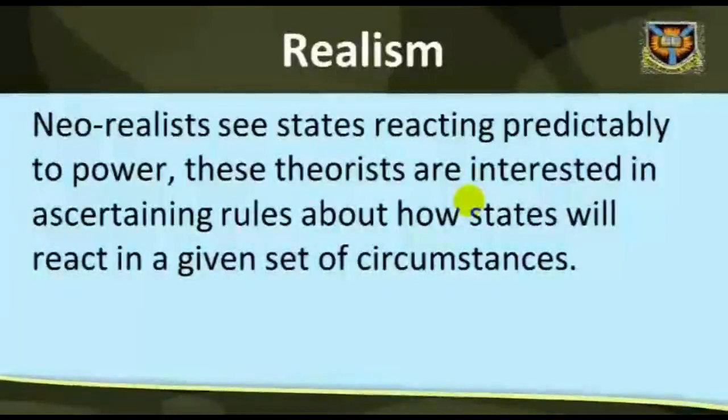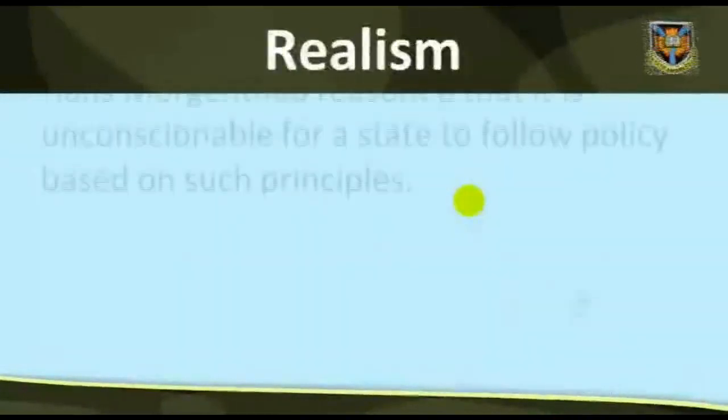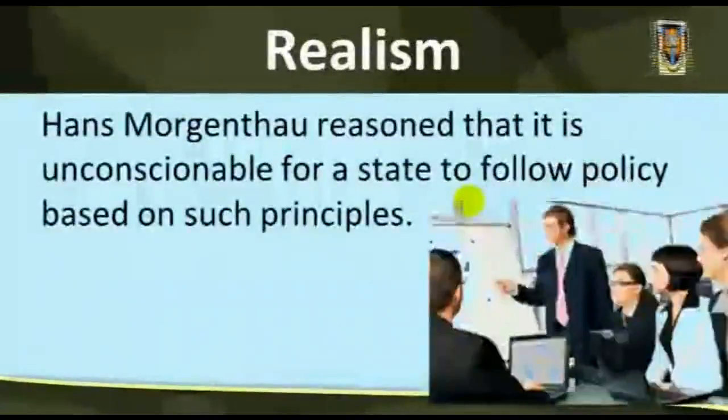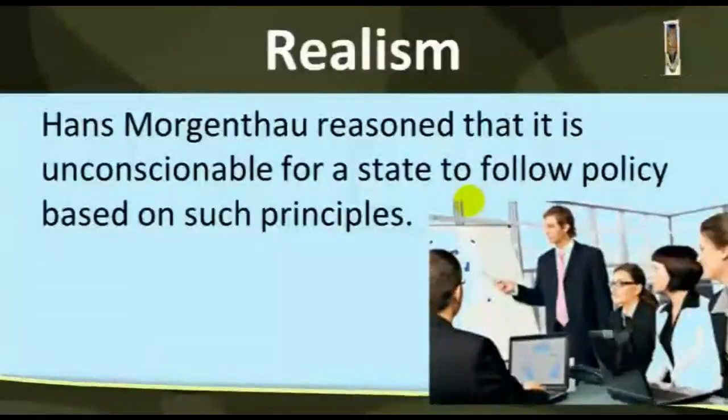With respect to justice and morality, the realist scholar Hans Morgenthau reasoned that it is unconscionable for a state to follow policy based on such principles.